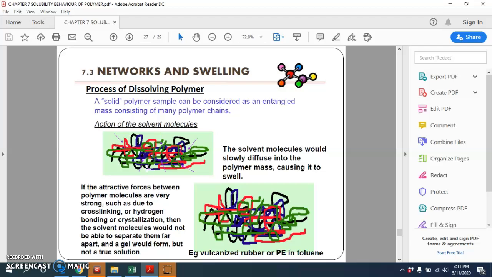If the attraction forces between polymer molecules are very strong, such as due to cross-linking, hydrogen bonding or crystallization, then the solvent molecules will not be able to separate them far apart, and a gel will form, but not a true solution. For example, vulcanized rubber or PE in toluene.